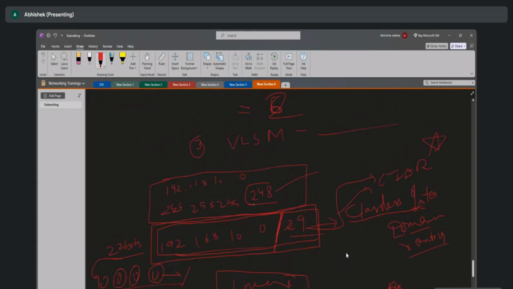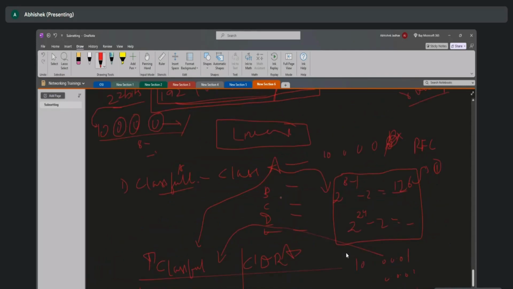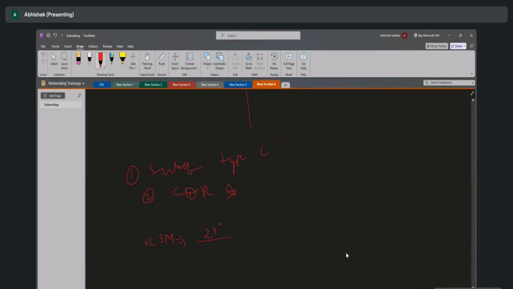For this IP, for the /25 subnetting calculation, we got 248 as the VLSM value. Now this 248, if you subtract it from the block size of the IP address, you will get the number of IP addresses within each subnet.